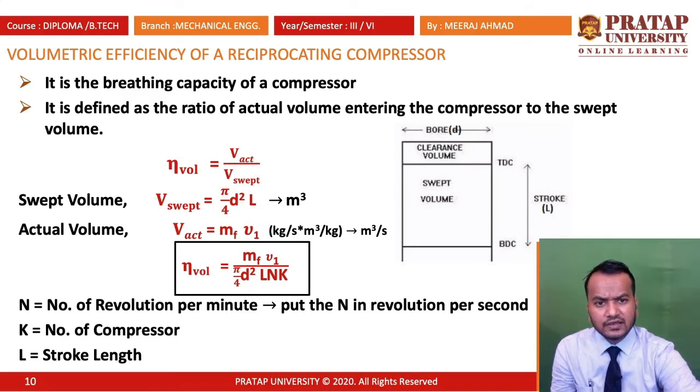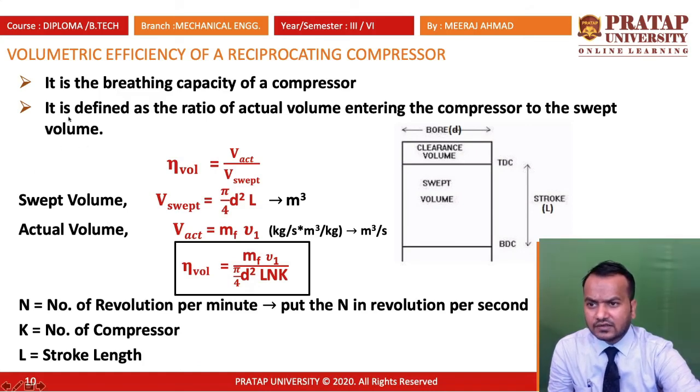The ratio of the air entering the body to the air going out of the body is called the volumetric efficiency. How much volume is taken in and how much volume is given out from the body.